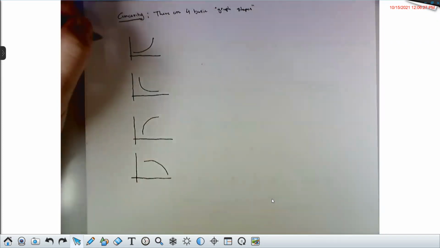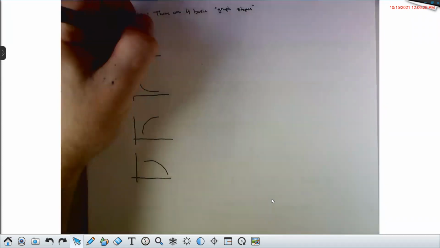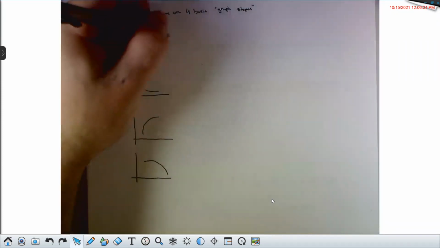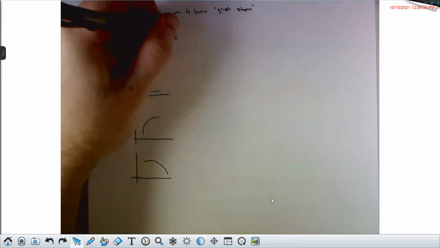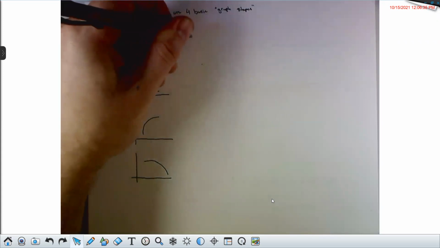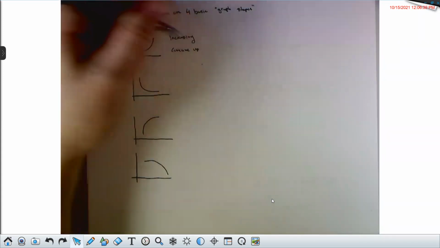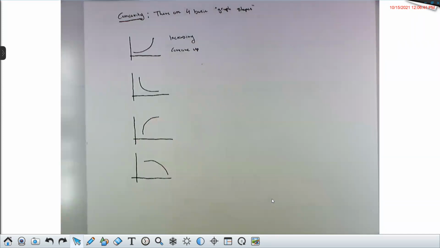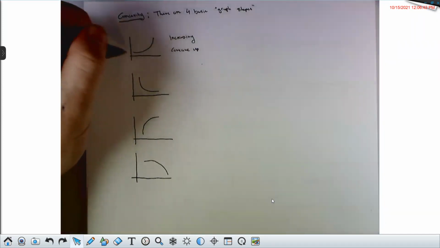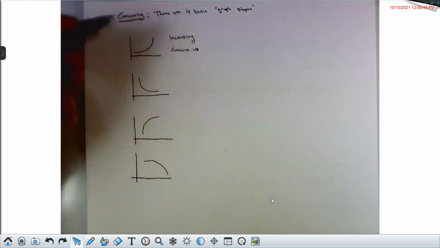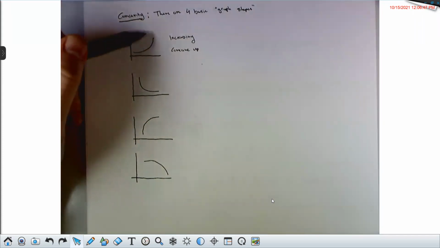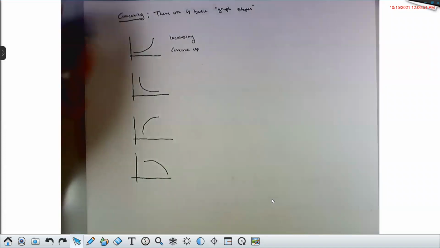This I would refer to as concave up, and it is also increasing. So this shape here, where you're kind of curling upwards, or if you imagine pouring water in this, it would sort of want to collect here. We call that concave up.